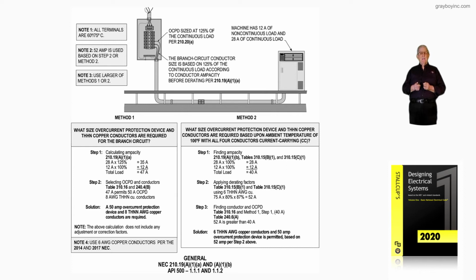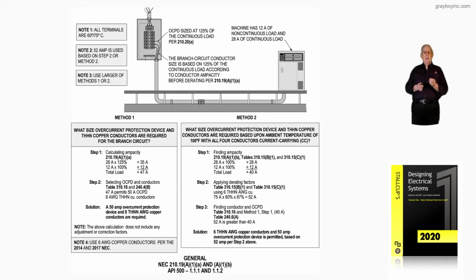Now we take 80% of the 300 kcmil conductor, that's good for 320, because we have 4 of them in the raceway, and our table 310.15(C)(1), by the requirements of 215.2(A)(1)(b), says we take 80%. So we come up with 256 as the new ampacity of that 300 kcmil conductor due to 4 of them being current carrying.